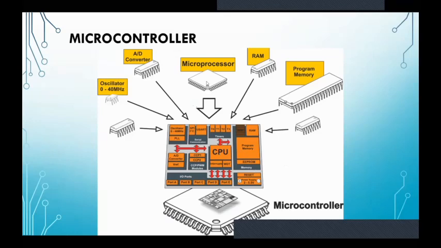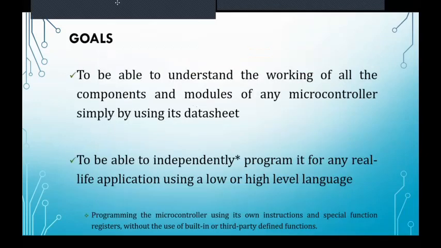It has a microprocessor along with different modules such as oscillator, analog to digital converter, memory, RAM and program memory, and different input and output ports. So in this lab, we are going to study how to interface all these different modules inside the microcontroller and program their functions.